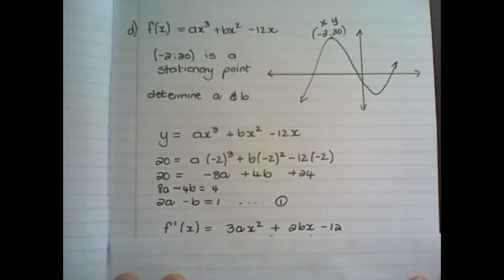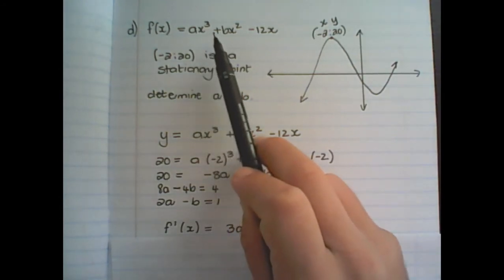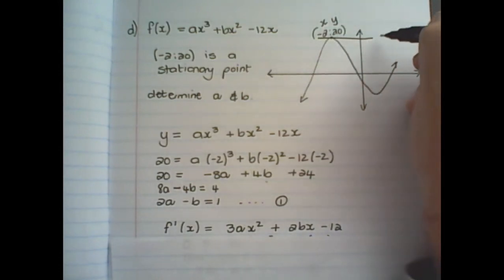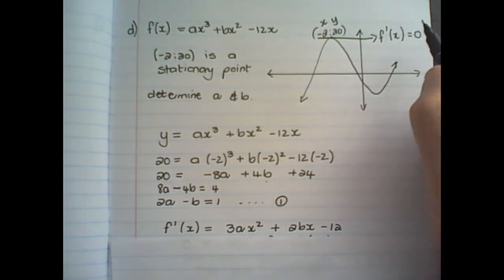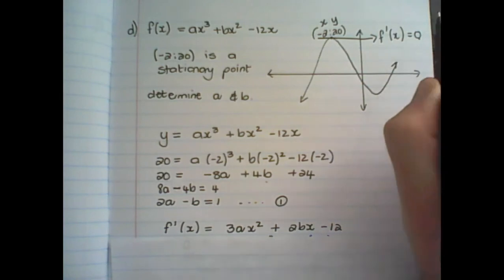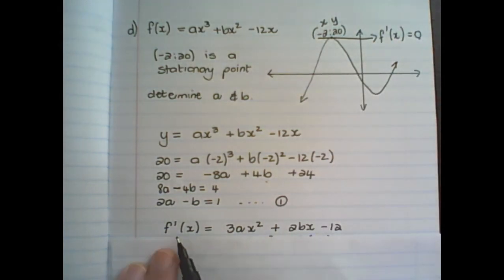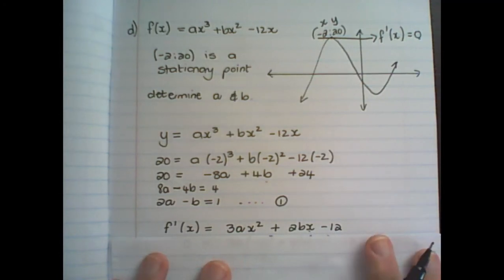To find the second equation, I need to find the first derivative. Remember, at this stationary point, the first derivative is equal to 0. So I have a 0 value there, and I also have the x value, which is -2. So if I find the first derivative, it is 3ax squared plus 2bx minus 12.